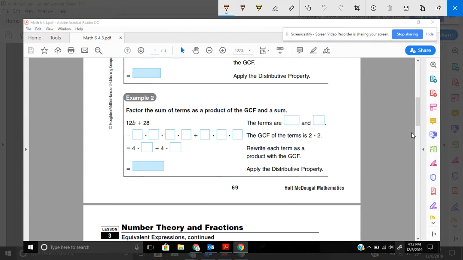Okay, so our first term is 12b, and our second term is, oops, I forgot my b, 28. Okay. The GCF of these two terms, they tell us, is 2 times 2.